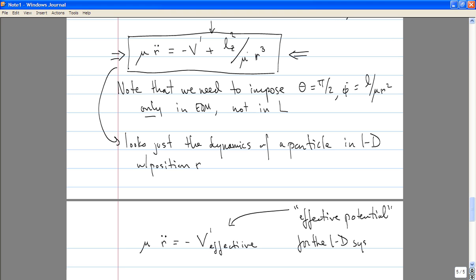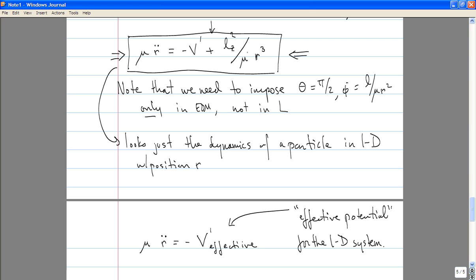So this is not to say, of course, that two-body motion is the same as the motion of a particle moving in one dimension, but that the equations of motion, once you use the conservation of angular momentum, are the same as the equations of motion of a one-dimensional system.